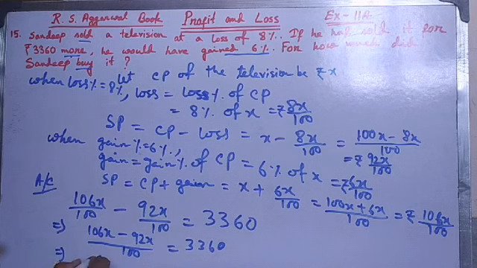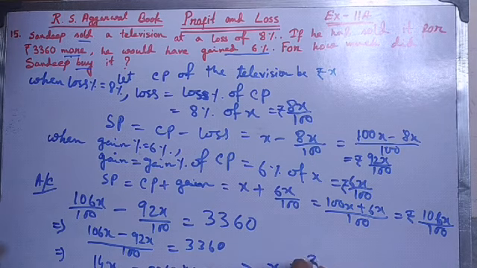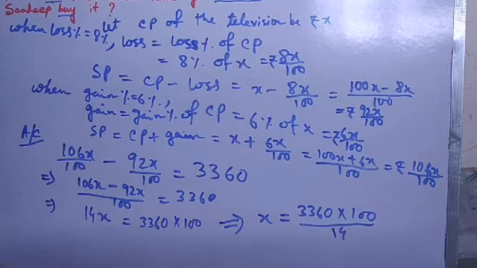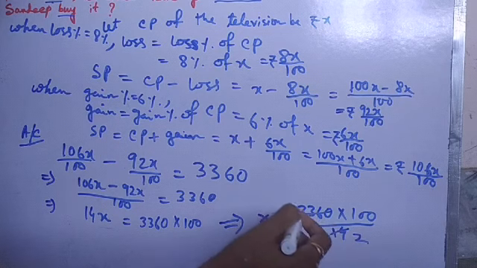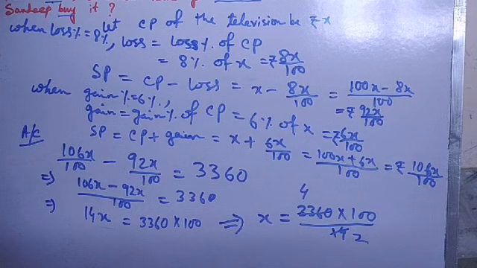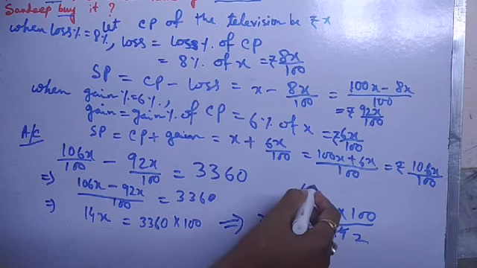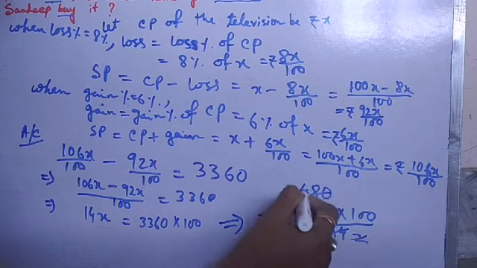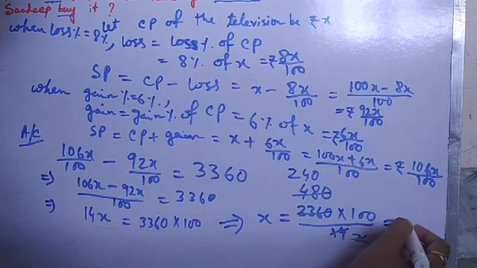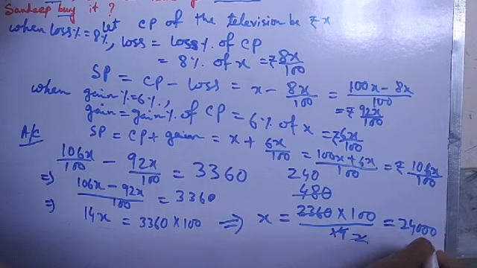Then 14x equal to 3,360, 100 will be multiplied, then x equal to, I am doing here, we can cut it by 7. 7 2s are 14, 7 4s are 28, 7 8s are 56, and by 2, 2 2s are 4, 2 4s are 8. So 24,000.